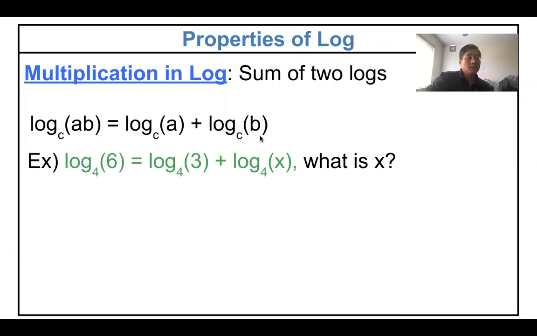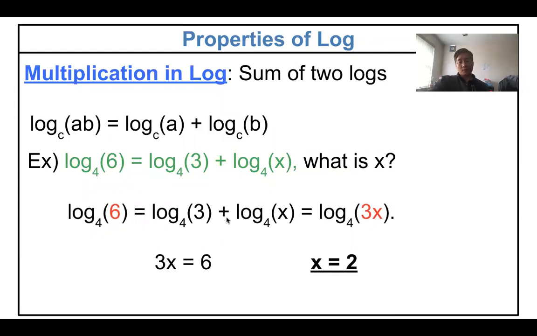For example, log 4 of 6. What do you know about 6? 6 is 3 times what? 3 times 2, right? Then you can separate into log 4 of 3 plus log 4 of what? x is 2.